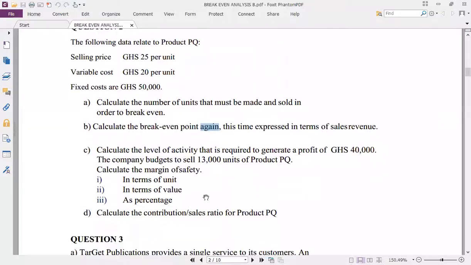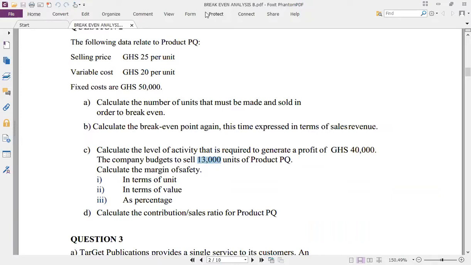This one is the D part. The company budgets to sell 13,000 units of product PQ. Calculate the margin of safety in terms of units, in terms of value, and as a percentage. So let's start. In terms of units, the budgeted unit is 13,000 and the break-even unit is 10,000.